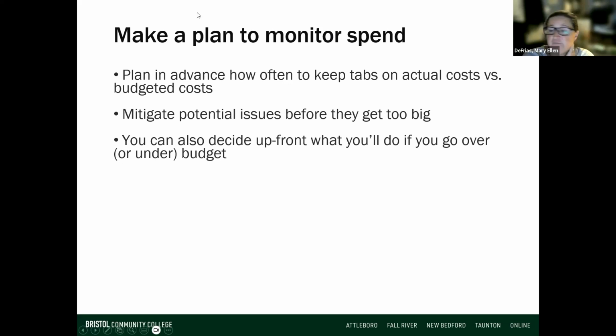And some may be a fixed cost, you can't do anything, so you have to make some decisions, right? But if you're monitoring what you're spending right along, you'll be able to see this before it becomes a huge issue.